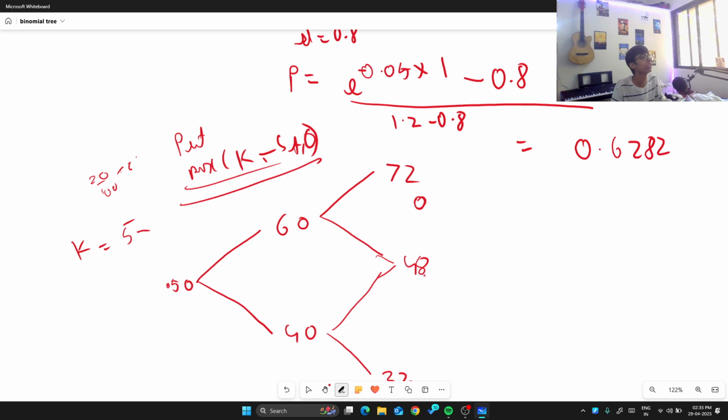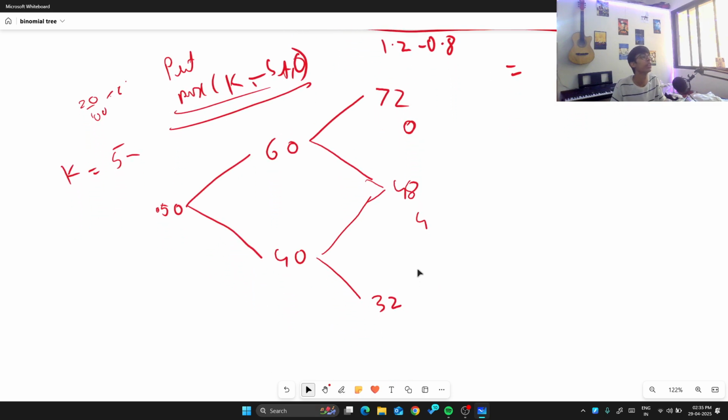Here you can earn 4 rupees, and here you can earn 52 minus 32, 20. But we have to discount it, so don't keep this value. And then this is out of the money.